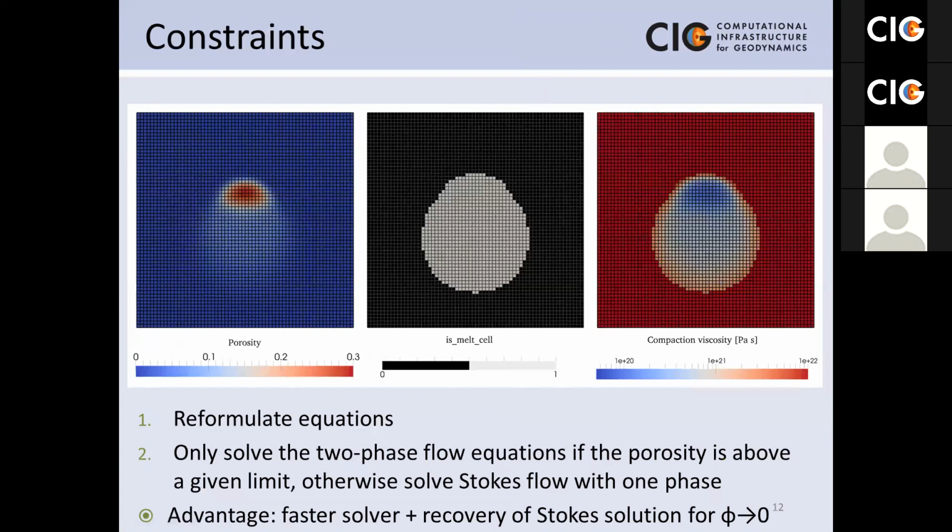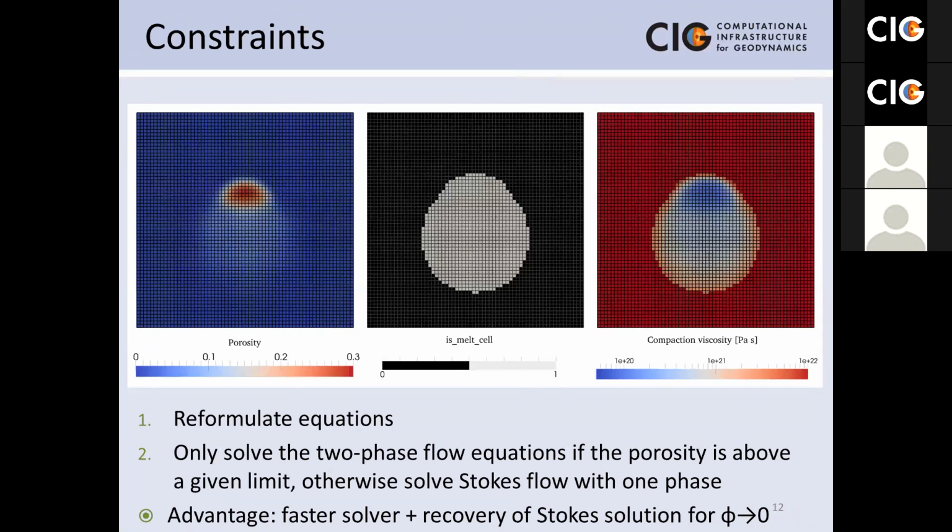And so to summarize this, the first step is we reformulate the equations. The second step is we constrain the degrees of freedom in such a way that we only solve the coupled system if there's really melt present. And the advantage of that is that the solver is much faster.